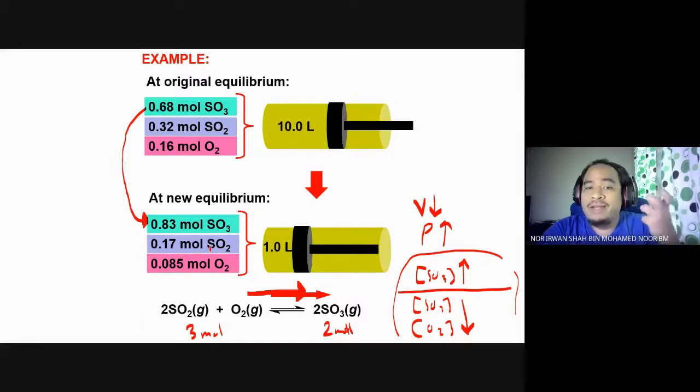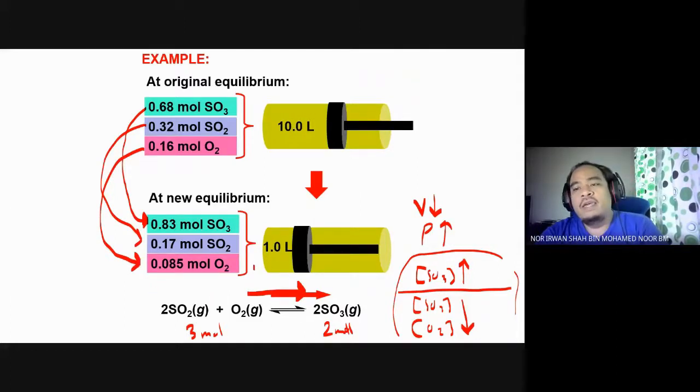The system needs to reduce this SO2, and not just SO2, the system also reduces the amount of O2, oxygen gas, from 0.16 to 0.085 moles, class. So both sulfur dioxide and oxygen gases decreased at the new equilibrium.